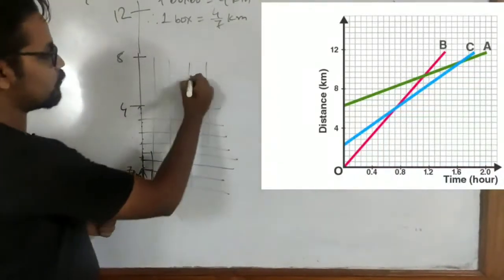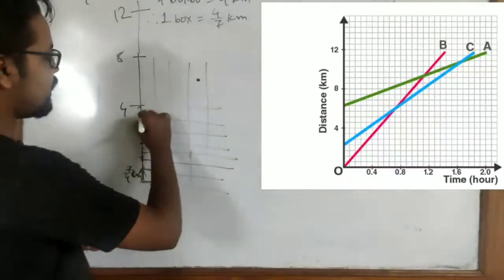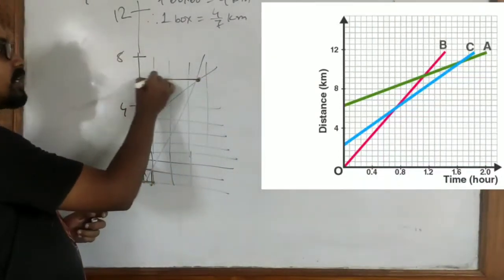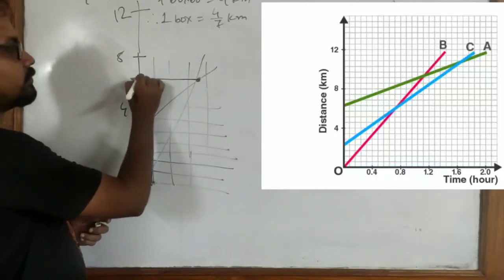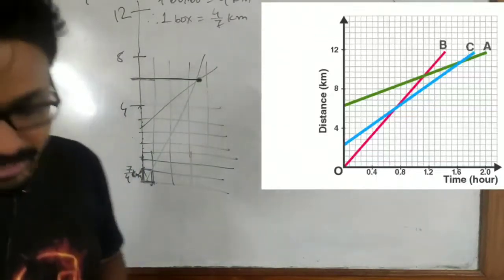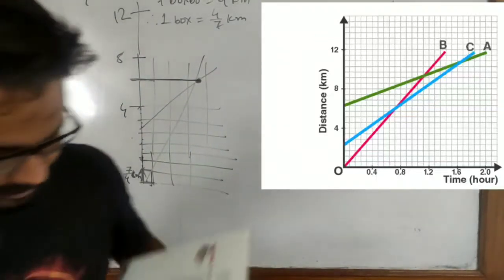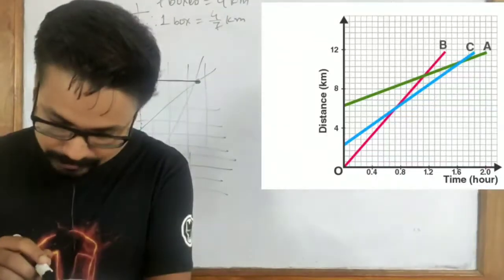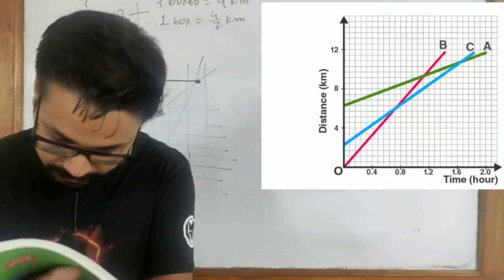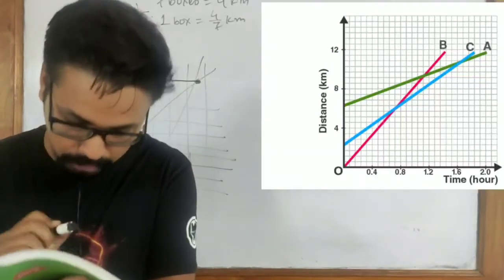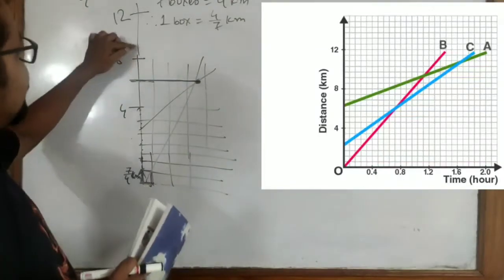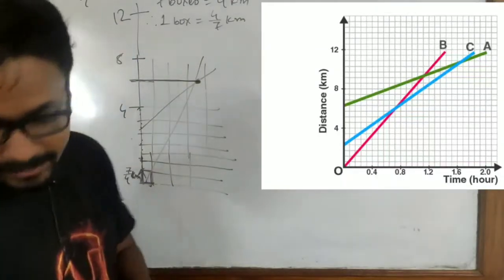Try to correlate it to the number of boxes. Count the number of boxes: where B and A meet, it has covered 2 boxes after 8. After 8, 2 boxes. Right?